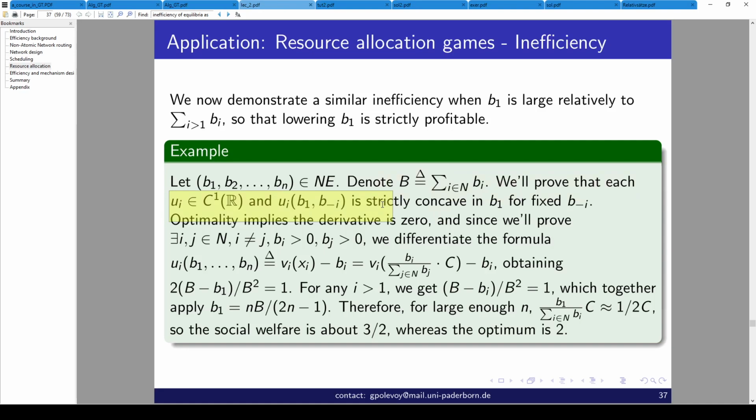Because of what we know about the value function, the utility function, which is simply the value function minus the bid, is also continuously differentiable. And when I fix the bids of the others, the utility function is also strictly concave in the bid of this player. And of course, it's not only for player 1, it's in general. So the utility function of player i is strictly concave in b_i.